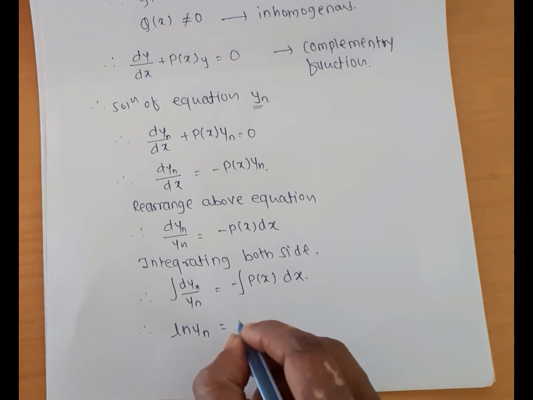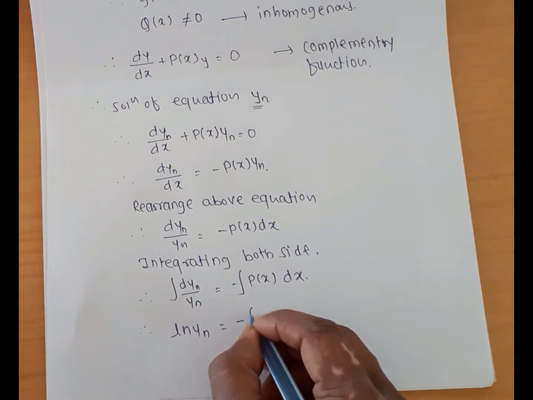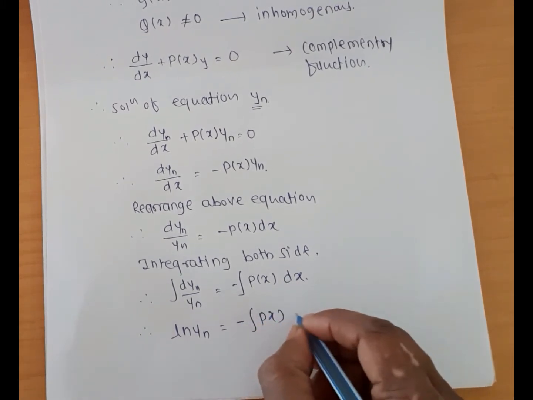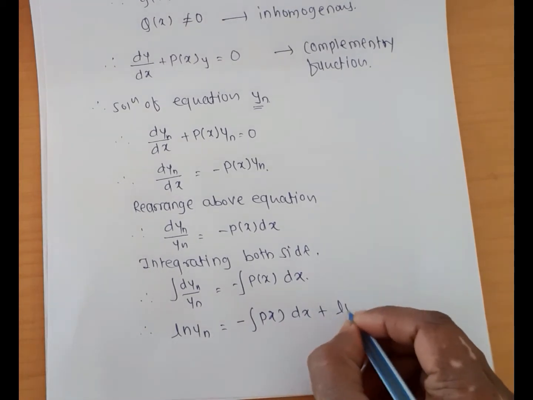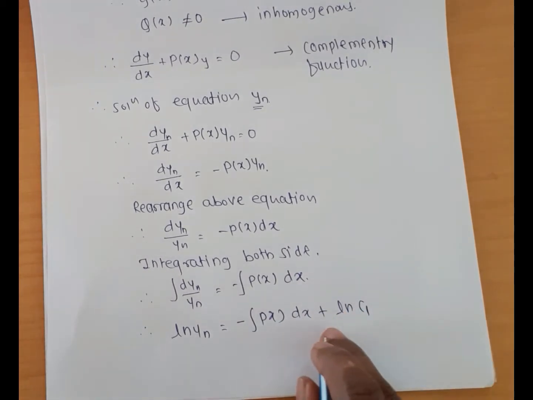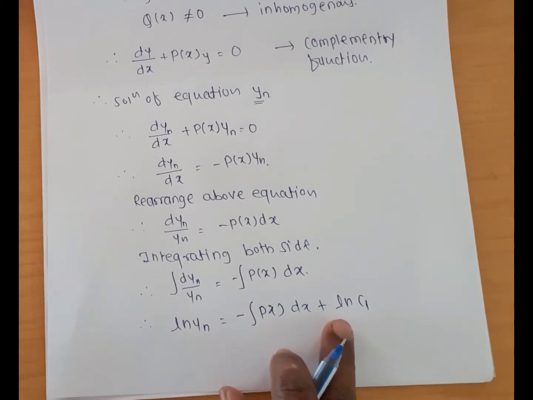So we write minus p of x dx plus ln of c1. Ln of c1 is the integration constant. Why do we write ln of c1? Because here there is also ln of yn, so we write the constant in terms of ln, that is log.